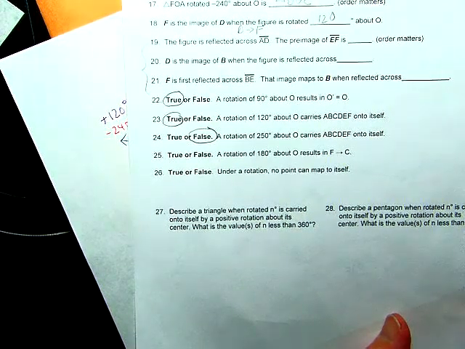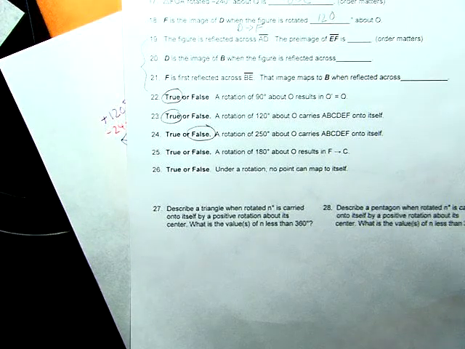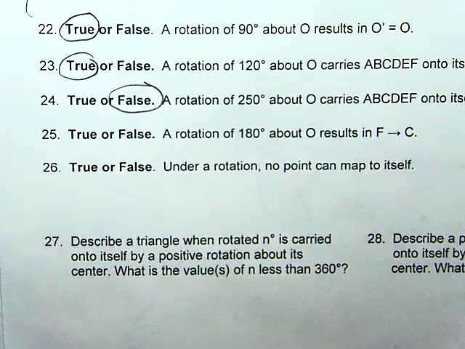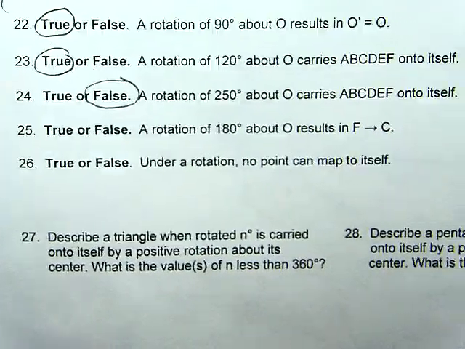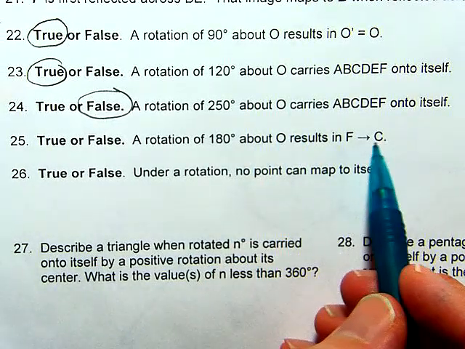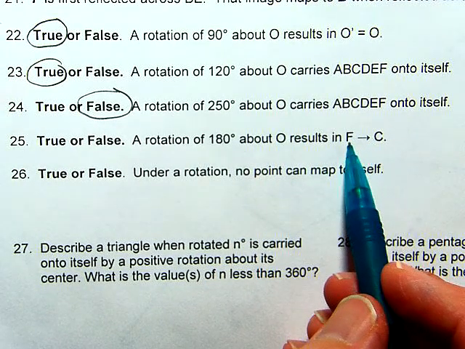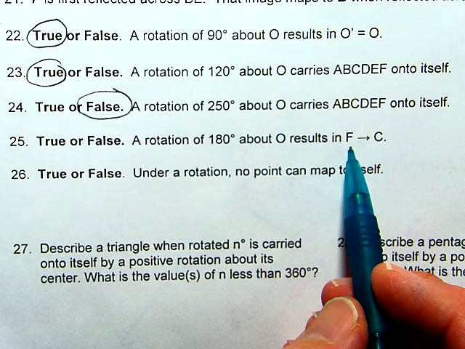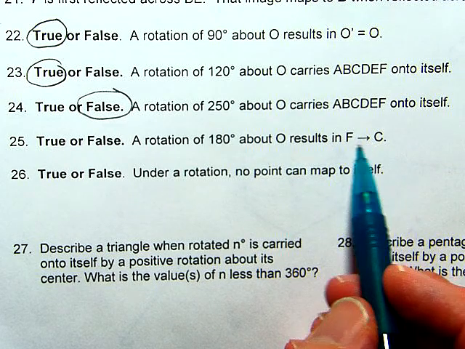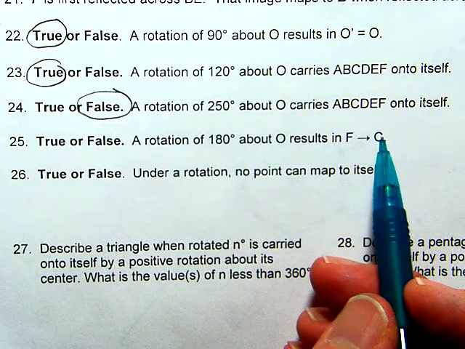Let's look at number 25. It's asking about a rotation of 180 degrees about O results in F mapping to C. This right arrow we used in a previous question. It's a shorthand for saying that we're mapping F into C. This is the pre-image and this is the image. So does a rotation of 180 map F into C?